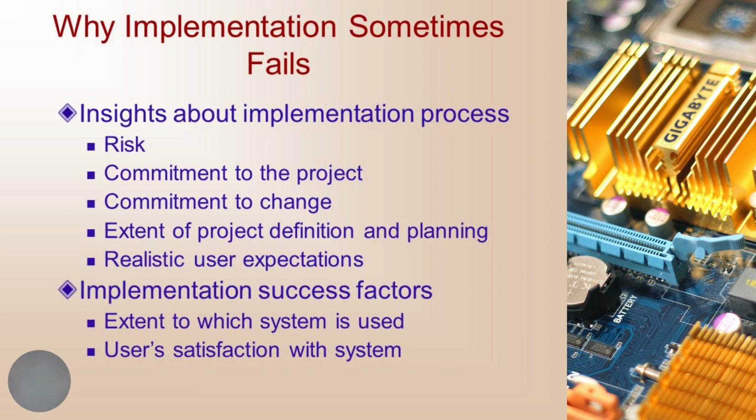Insights about the implementation process: we have risk, commitment to the project, commitment to change, extent of project definition and planning, and realistic user expectations. For implementation success factors, we have extent to which the system is used and user satisfaction with the system.